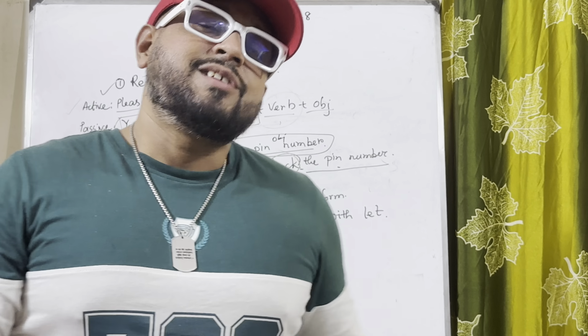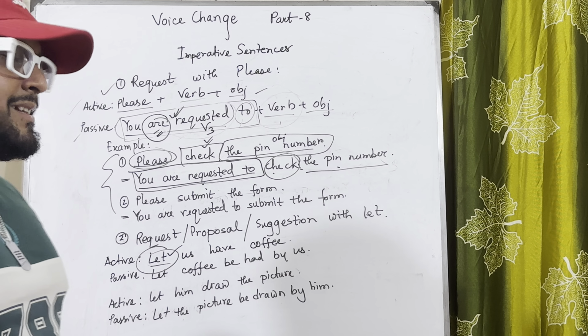sentence, because there are two ways of using "let" in English grammar: one in an active sentence, another in a passive sentence. In the passive, "let" is mandatory; we need it to create the passive structure. In an active sentence, "let" is occasional, not all the time, but whenever we are making any suggestion or proposal to someone, we use this verb "let" at the beginning of the sentence.